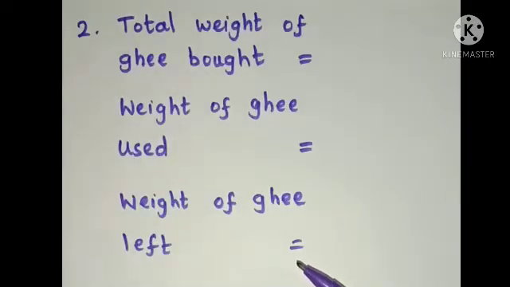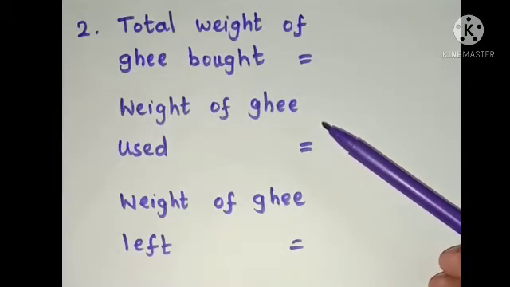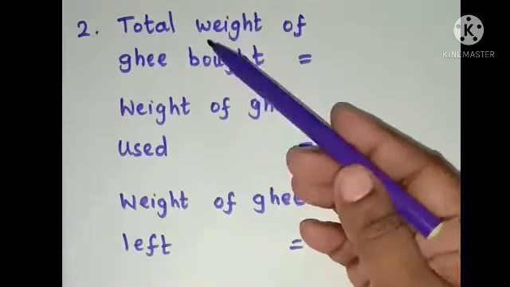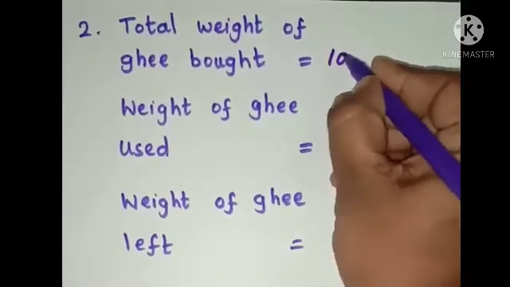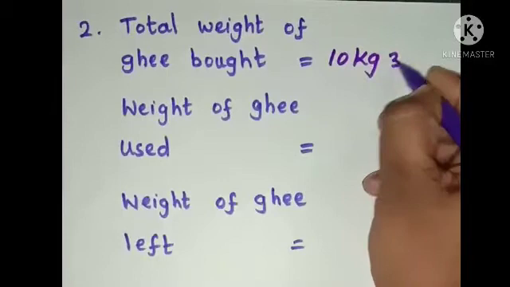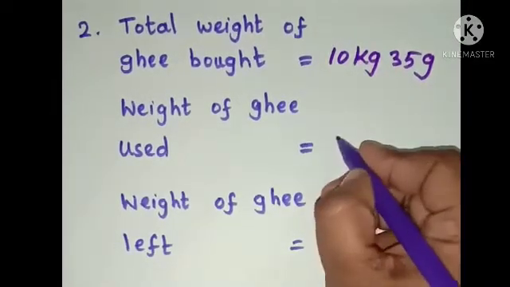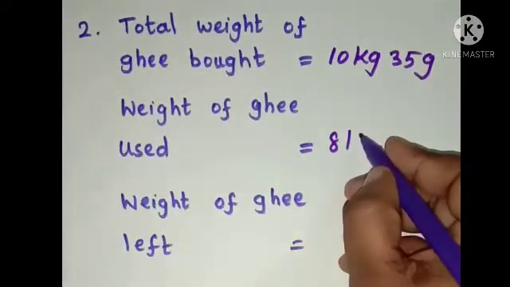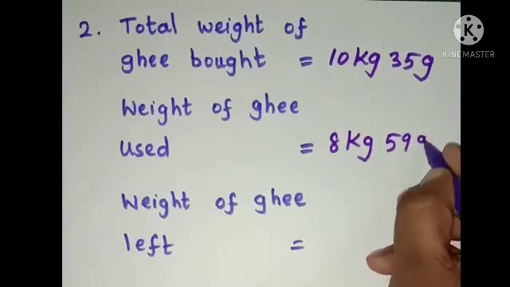Chitra has bought 10 kg 35 gram of ghee for preparing sweets. She used 8 kg 59 gram of ghee. How much ghee will be left? So children, total weight of ghee bought is 10 kg 35 grams and weight of ghee used is 8 kg 59 gram.